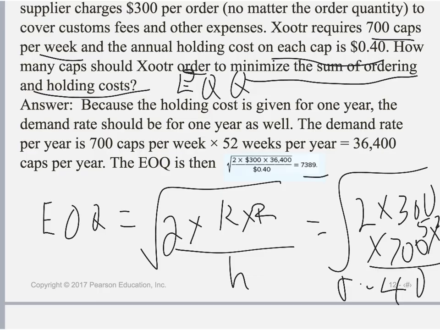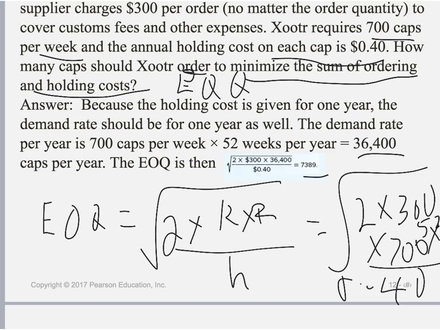Whenever you see that phrase, minimize ordering and holding costs, it's EOQ. Or if you see they ask you what's your optimal order quantity, that's your EOQ again. Because the holding cost is given, our holding cost is 40 cents. Your annual demand is 700 caps per week times 52 weeks in a year to give you 36,400 caps.